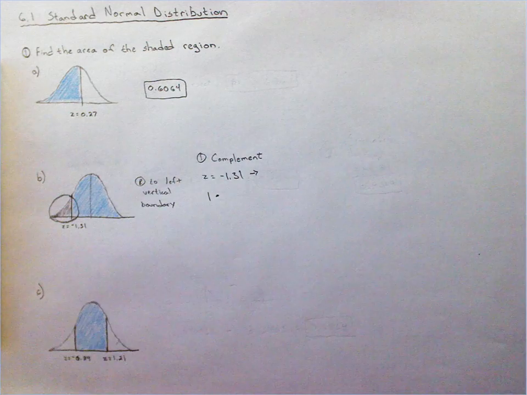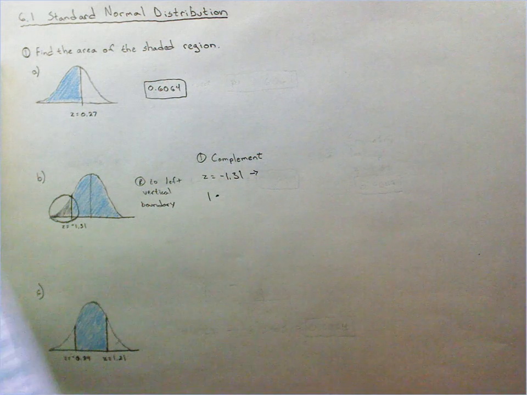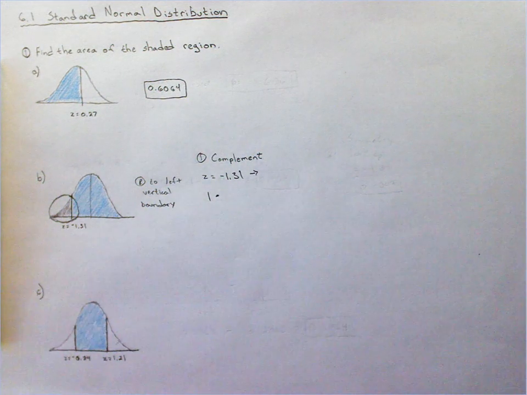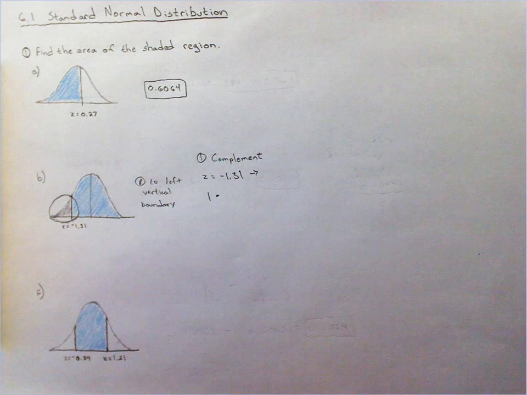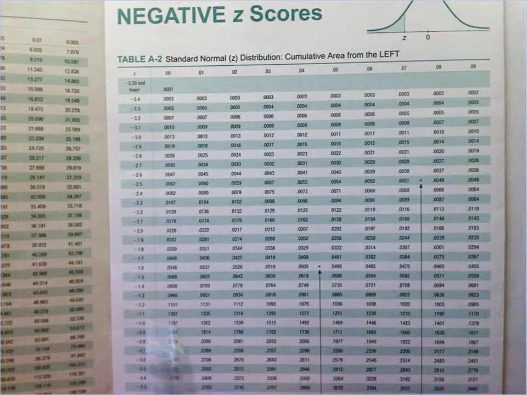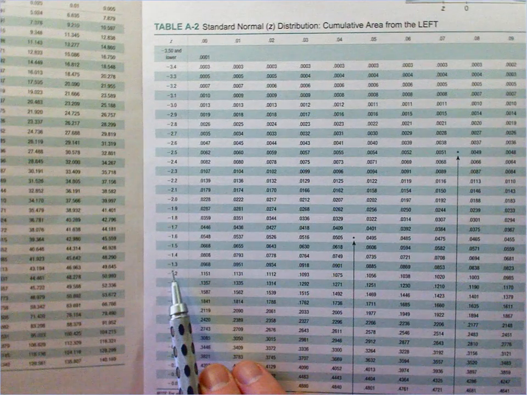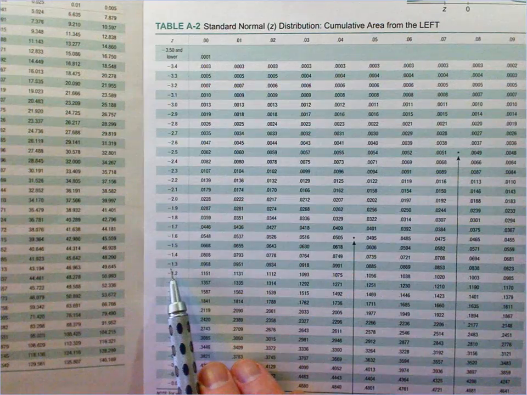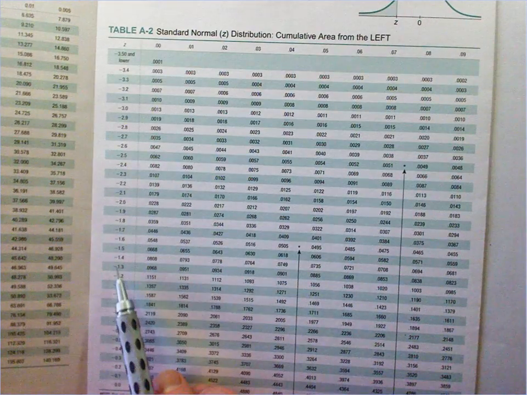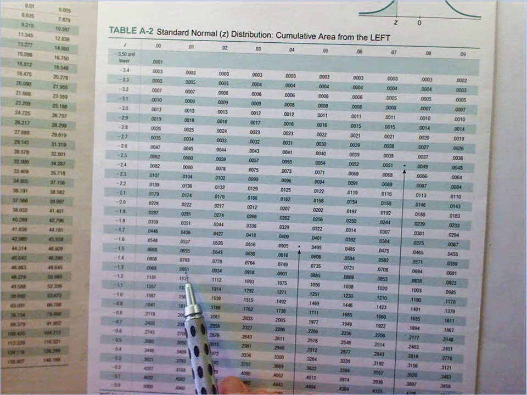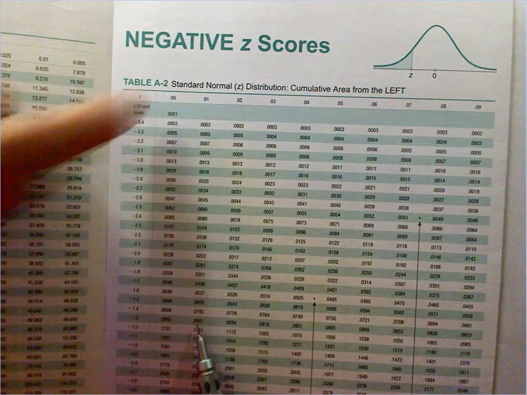Page 1 of your z-scores. Now I'll use the chart again. A negative 1.3, and then 0.01. There's my 0.01 up there.